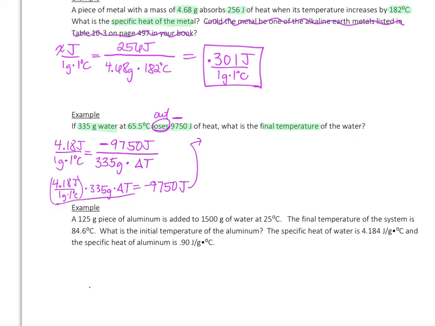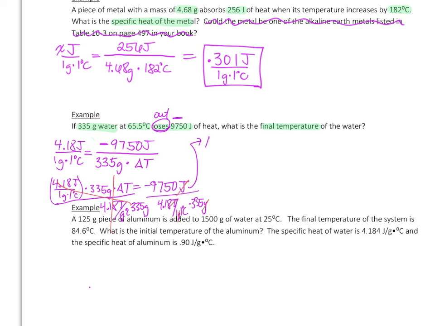Divide both sides by 4.18 joules per gram degree Celsius and 335 grams. That cancels, joules cancel, grams cancel.